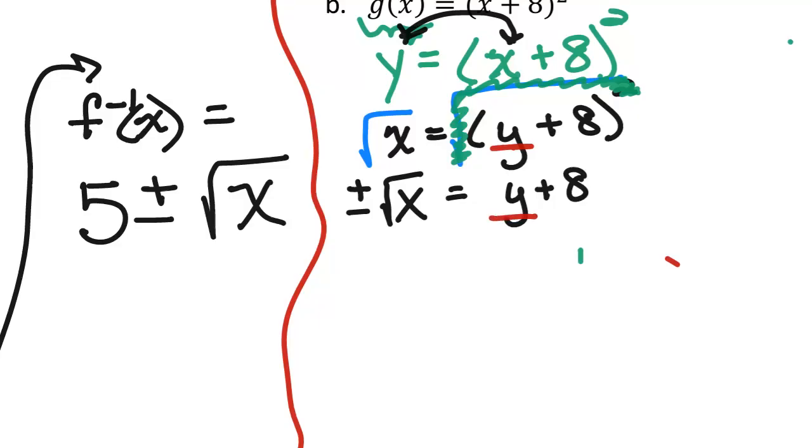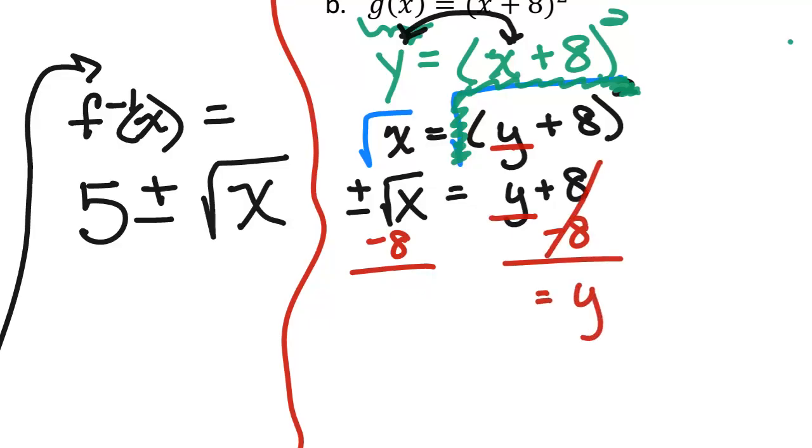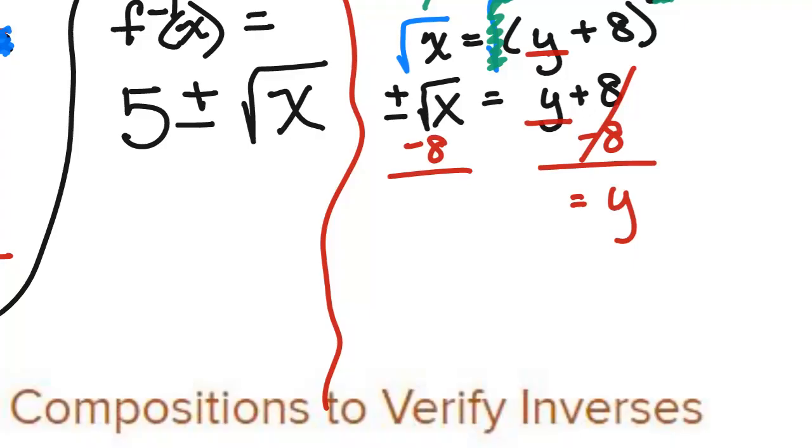What's my next step? Subtract 8. Subtract 8. 8's are going to cancel out. I have y is equal to, I'm going to put that negative 8 out in front. So make sure it's negative 8 plus or minus the square root of x.